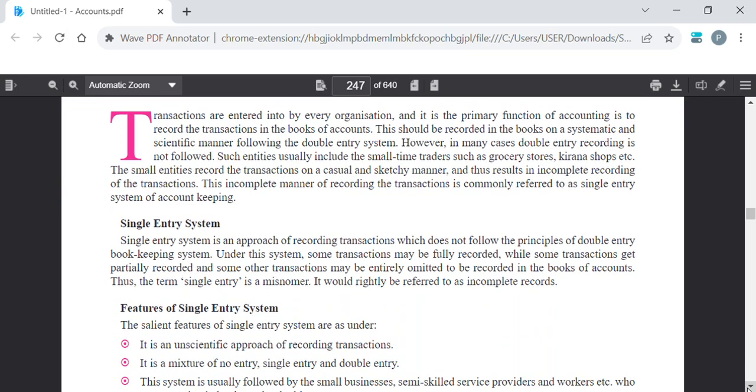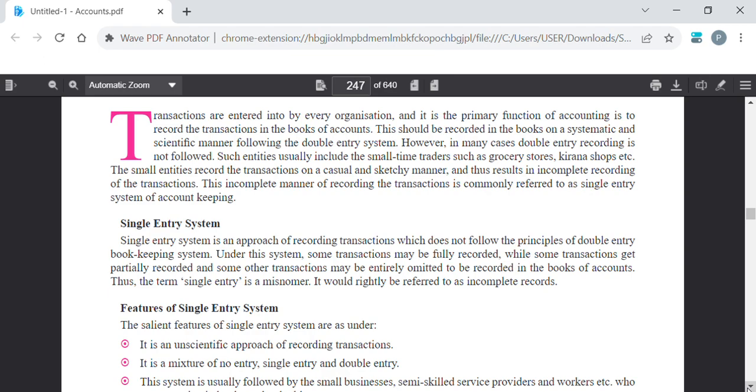The single entry system is an approach of recording transactions which does not follow the principles of the double entry bookkeeping system. Under this system, some transactions may be fully recorded, some transactions may be partially recorded, and some other transactions may be entirely omitted.